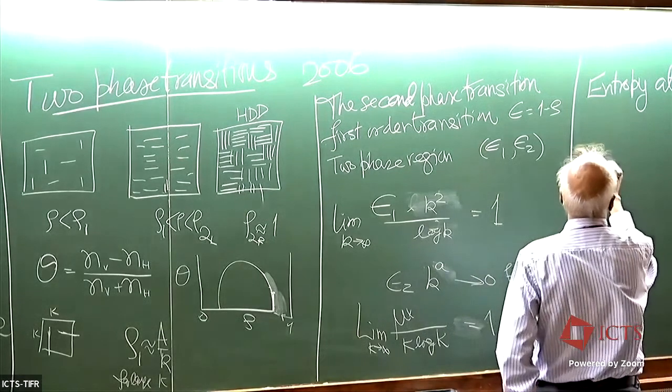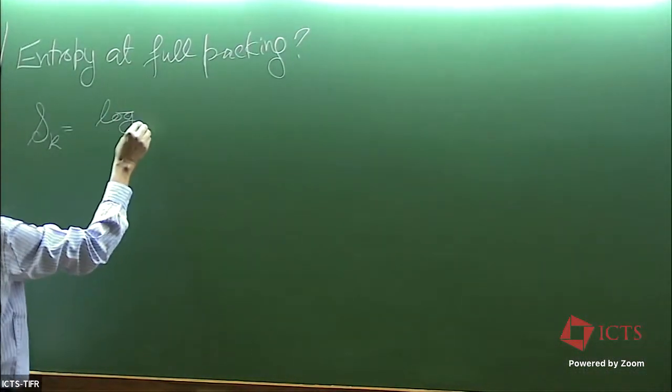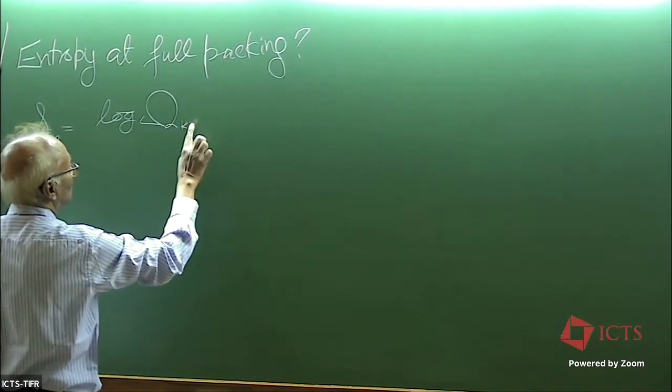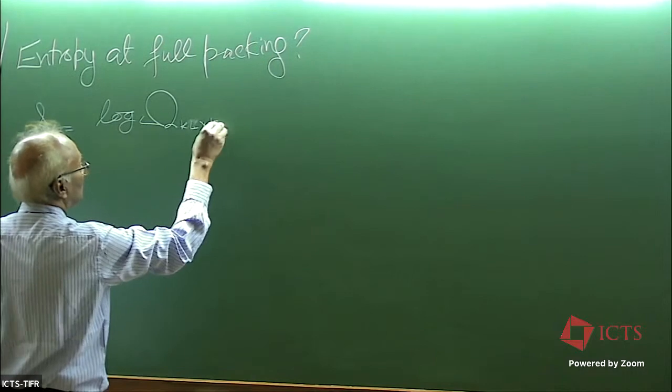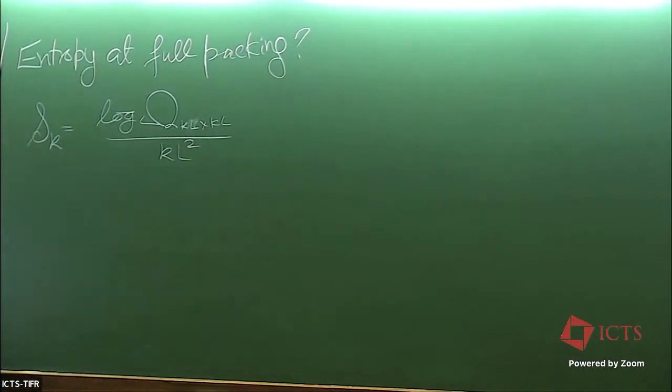This is defined like this: S_k is equal to log of the number of ways you can cover a finite rectangle. So I take a kL by kL lattice.